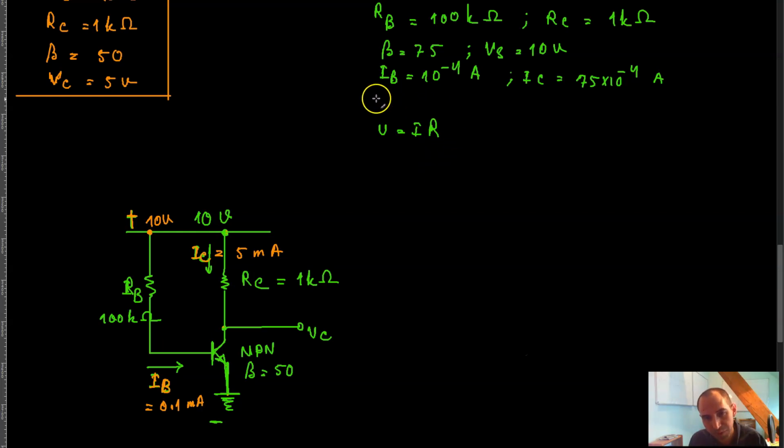Meaning that, for example, when I apply Ohm's law to this resistor in this circuit, this V refers to the voltage drop across the terminals of this resistor only, right? And this I is the current going through this resistor only. Of course, that current happens to be the same current going through the PN junction of the transistor as well, but that's not important.